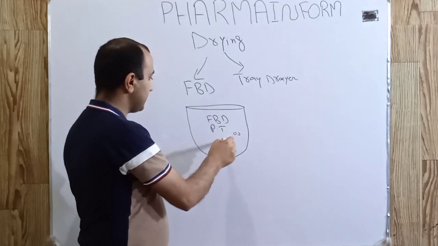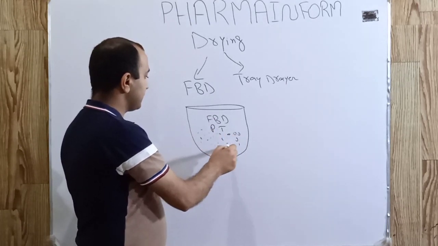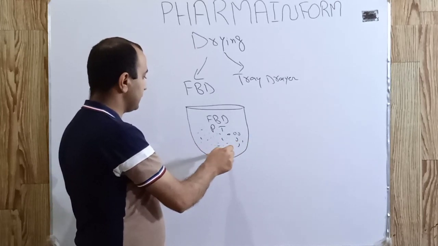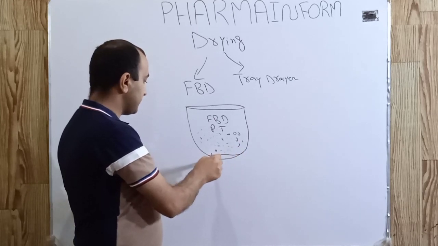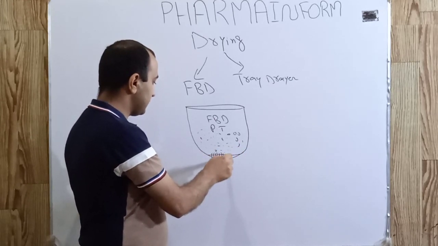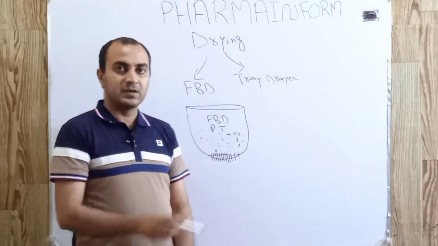This chamber has wet mass or wet sieved granules. The bottom of this trolley is perforated. It is fitted with a perforated sieve.